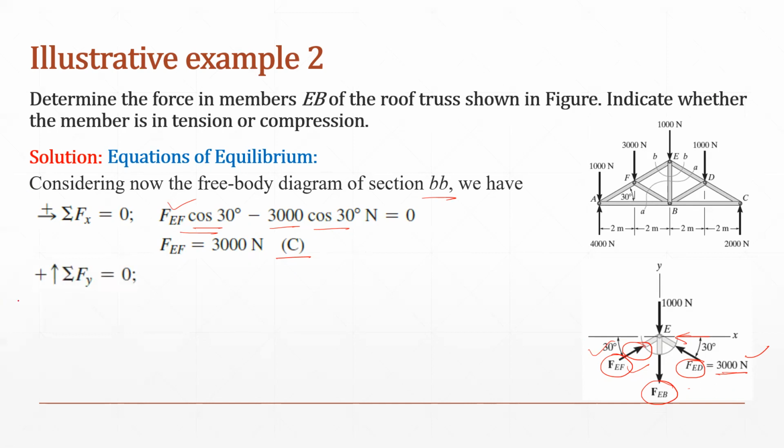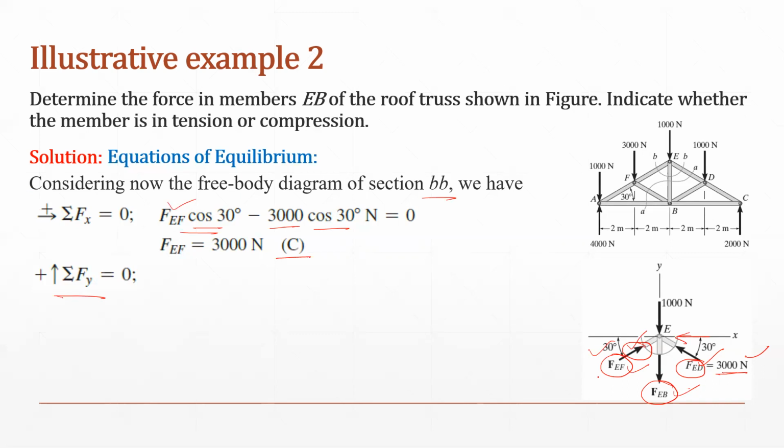Now, finally, we find the force in member EB using summation of Fy. According to this equation, the vertical summation of forces should be equal to 0. There are three forces: FEB, the vertical component of EF, and the vertical component of FED.